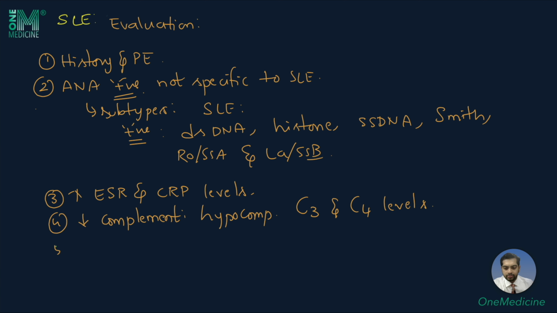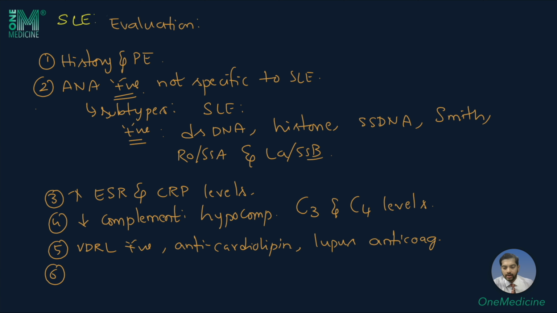Patients can also have VDRL positivity, can also show anti-cardiolipin antibody positivity, lupus anticoagulant. If renal function is deteriorating, then patient can be subjected to renal biopsy for histopathological classification.